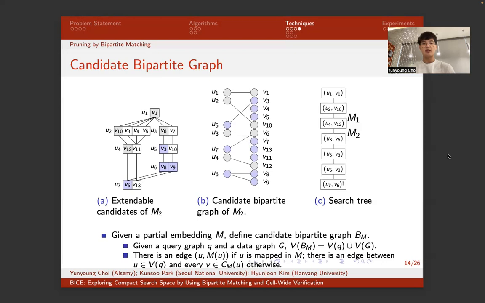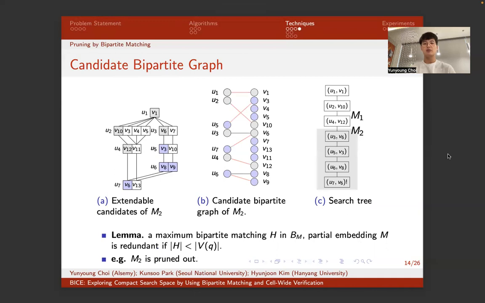Furthermore, it's evident that if the cardinality of the maximum bipartite matching in the candidate bipartite graph is smaller than the size of the query vertices, a partial embedding M cannot lead to a complete embedding. As a result, M2 can be pruned out in the example.